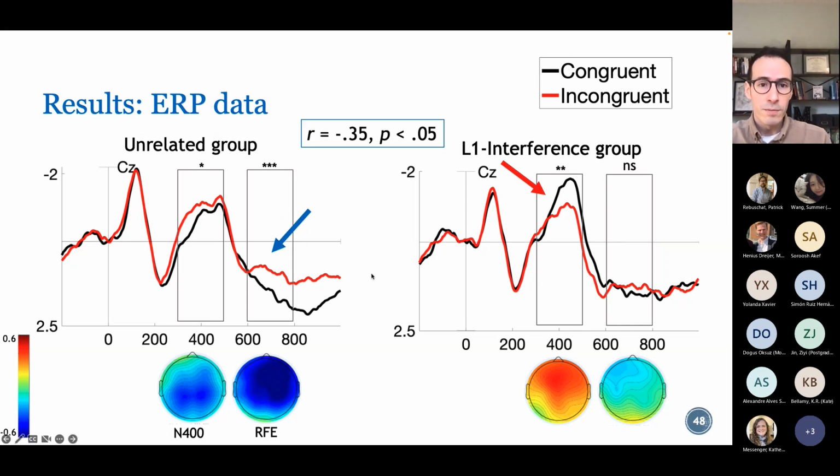So if each of them is relying on a different mechanism for a successful selection, then we should see that at the individual level, more of the inhibition effect should be inversely correlated with the right frontal effect, indexing greater monitoring during selection, and that's exactly what the correlation showed. So there was an inverse correlation between these two components.